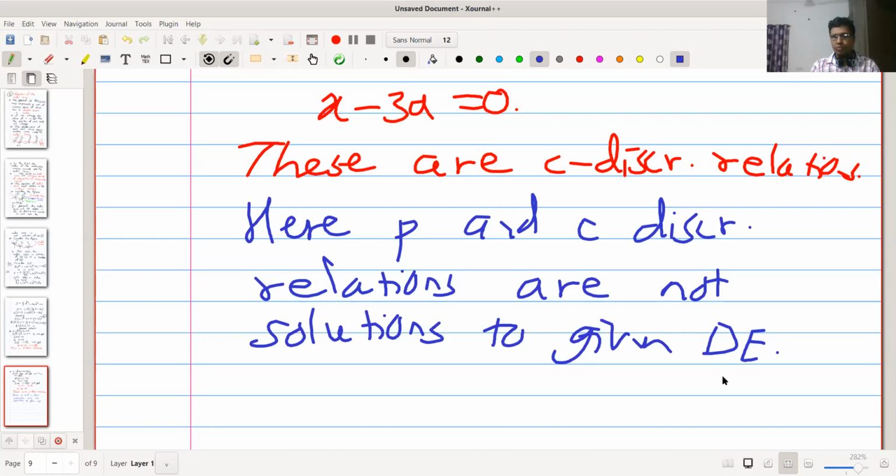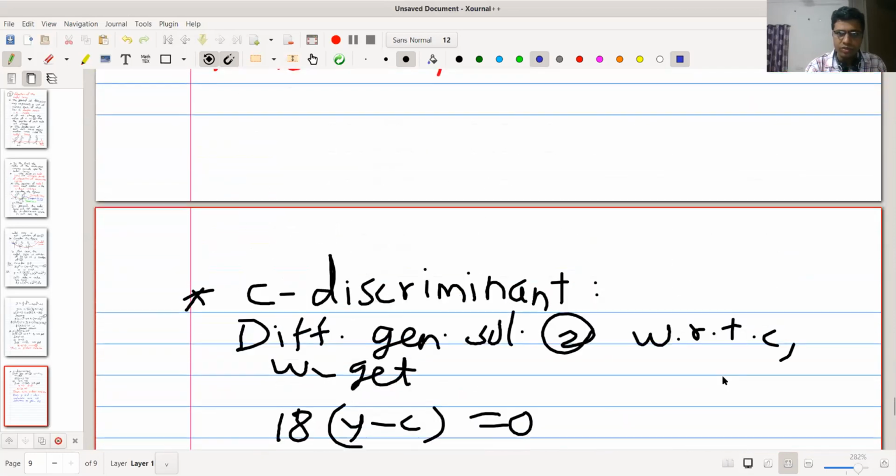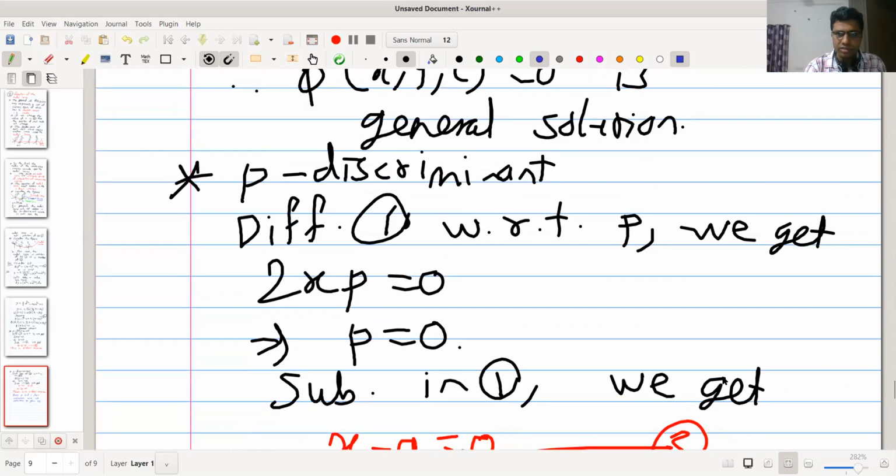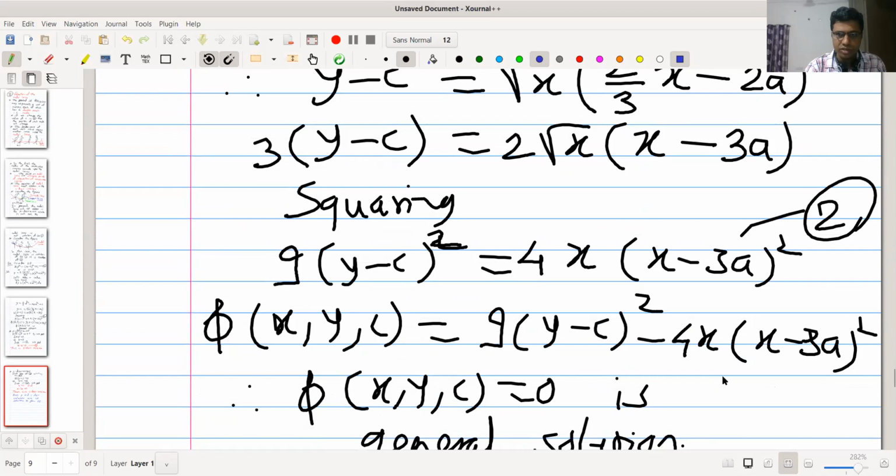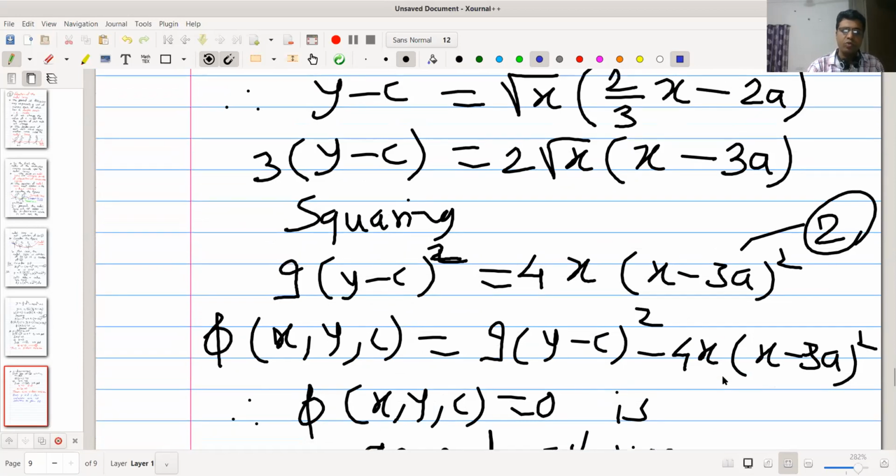Okay, for this we have to sketch the solution curves. The general solution is 9 into (y minus c) square equal to 4x into (x minus 3a) square. Okay, to sketch this we can take a particular value for a.